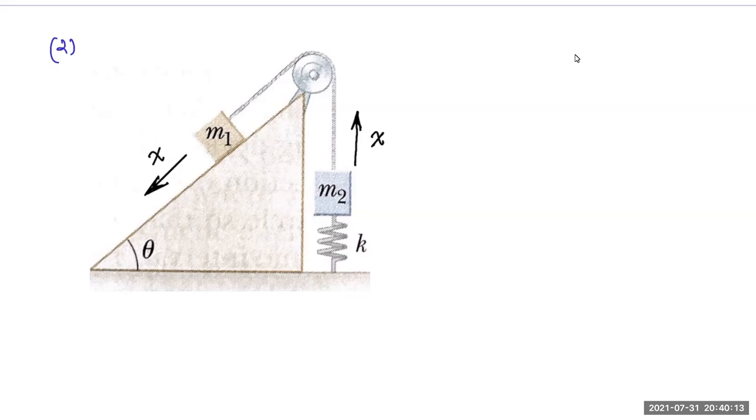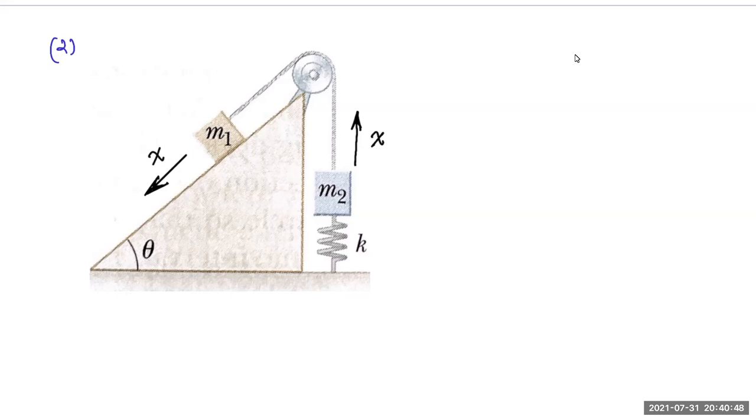Mass M1 initially rests on an incline, which makes an angle theta with the horizontal, and mass M2 is being supported by a spring at the bottom, and also it's being pulled by the string which connects to M1. Initially, nothing is moving. We also assume that initially the spring, with spring constant K, is at its natural length, meaning that it is neither stretched nor compressed.